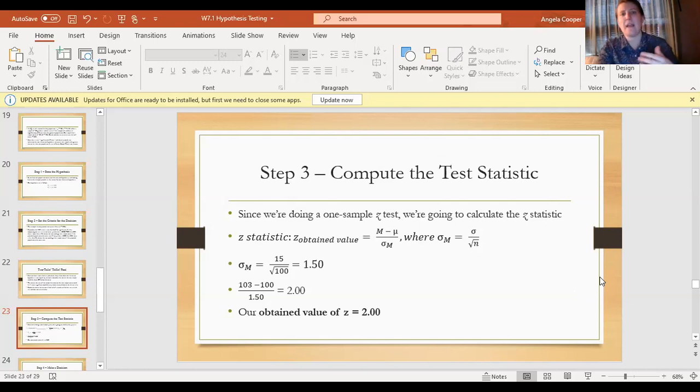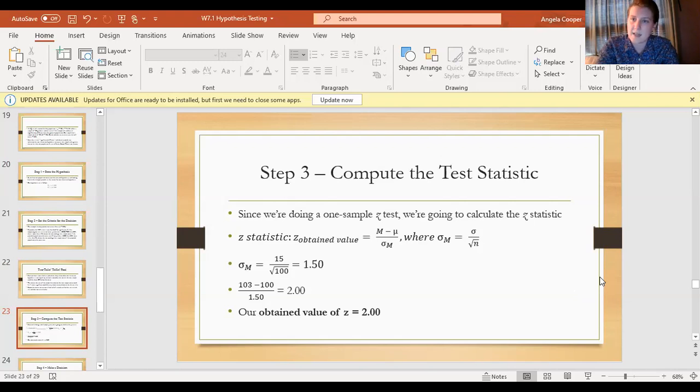In order to obtain our z statistic, we take our sample mean minus our population mean, divided by the standard deviation of the sampling distribution.